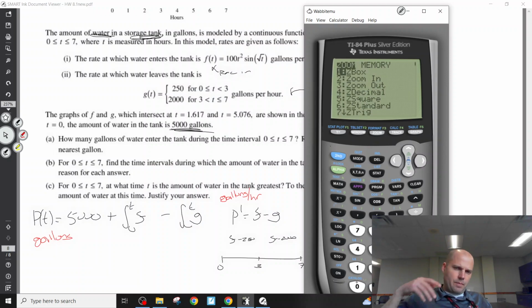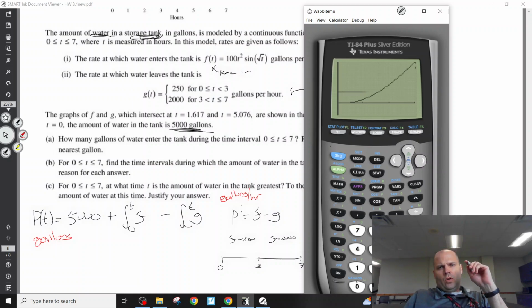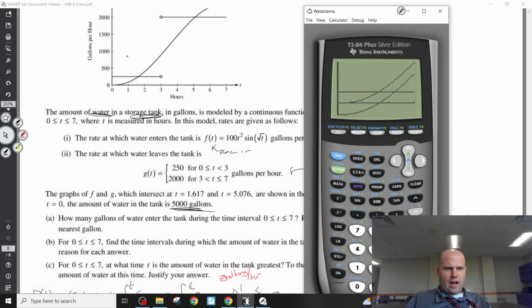Now I'm going to show you something. Good. Actually, this is fun. See this graph?